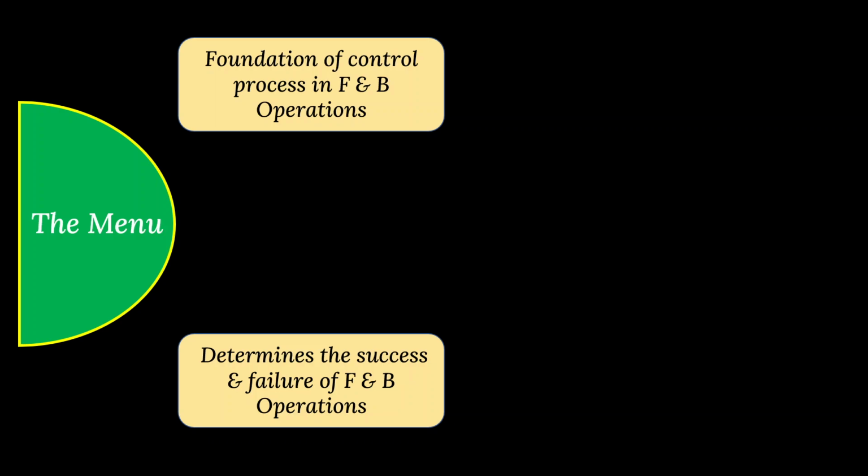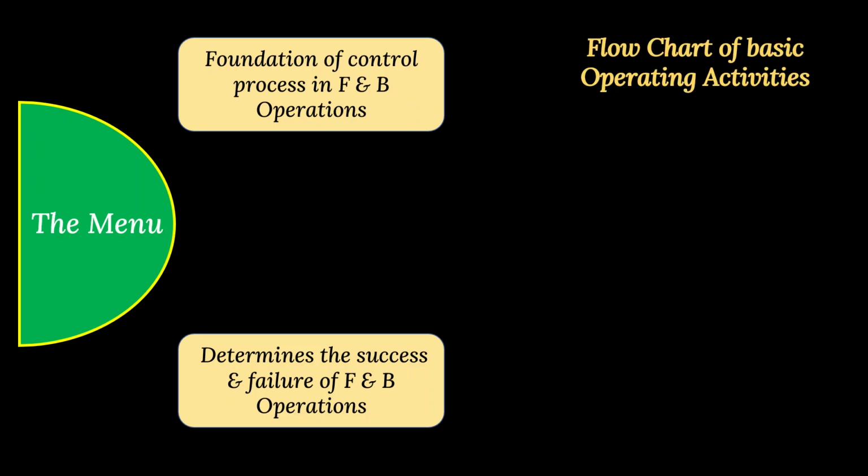As you all know, every business should have a very well established control process so that it can always guide you that your business is on the right track, whether in terms of profitability, customer satisfaction, or your operational movements and flow. Everything depends on that angle. Another aspect is that the menu determines the success and failure of F&B operations.